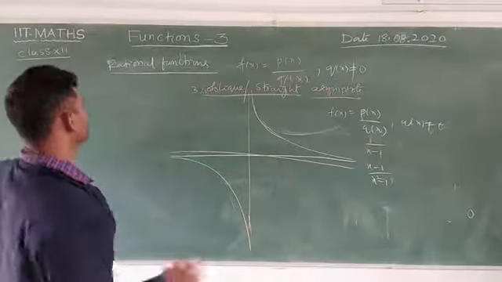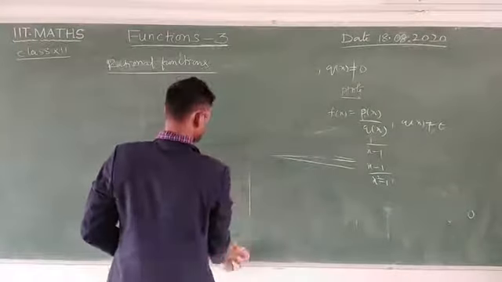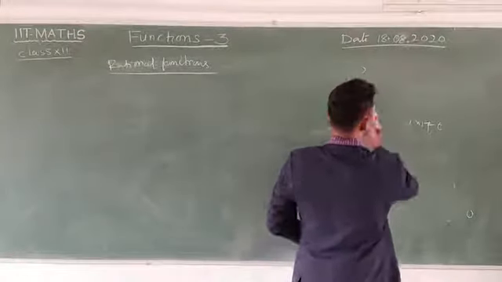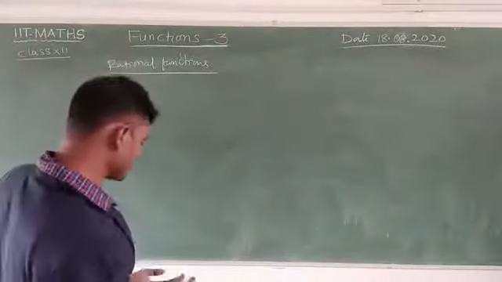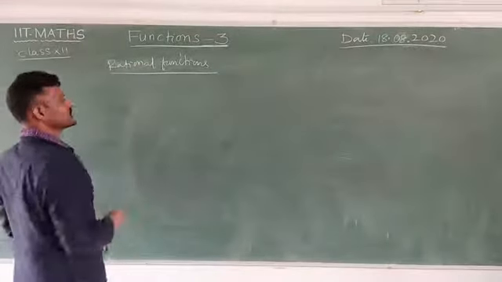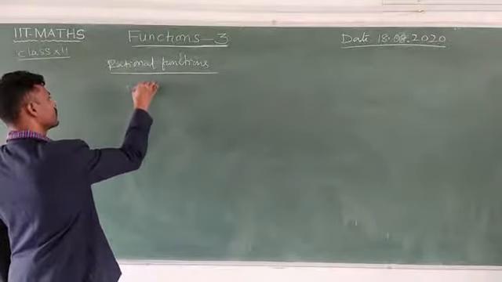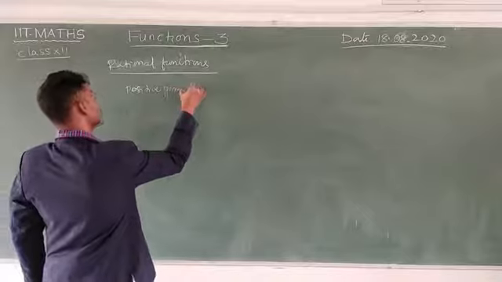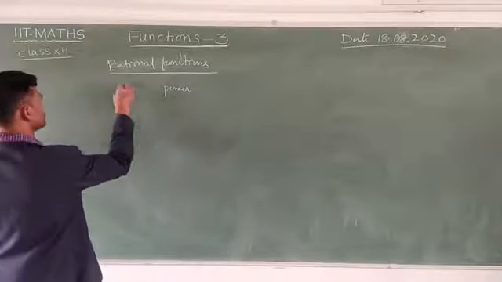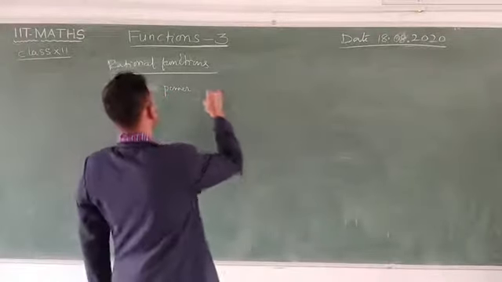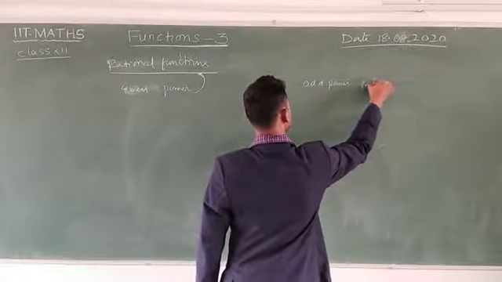Okay, now we have to discuss irrational functions. This is rational completed, irrational we have to discuss. Here in rational also some different functions are there. Positive power rational functions, even power rational functions and odd power rational functions.